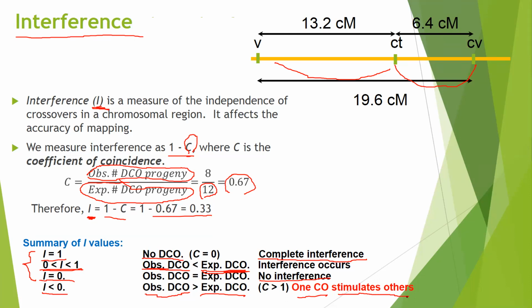Hotspot means the crossing over tends to occur there very frequently. So in that region, the recombination hotspot, this could happen. So I could be less than 0, which means if there's one crossover, that crossover stimulates additional crossover in that region. I hope this makes sense.